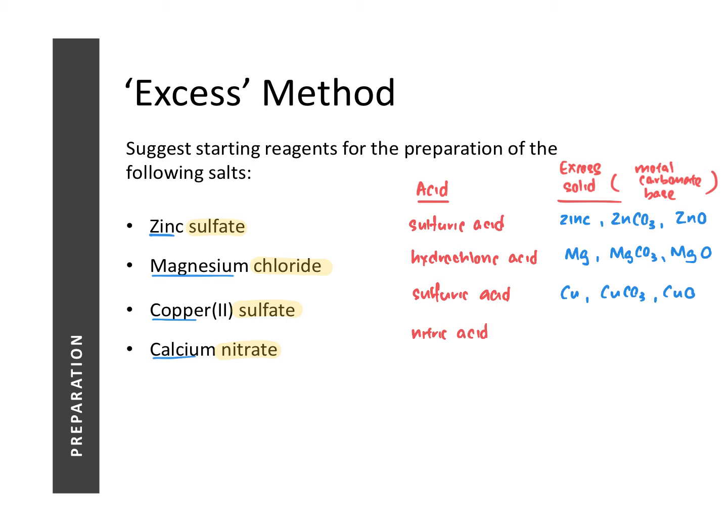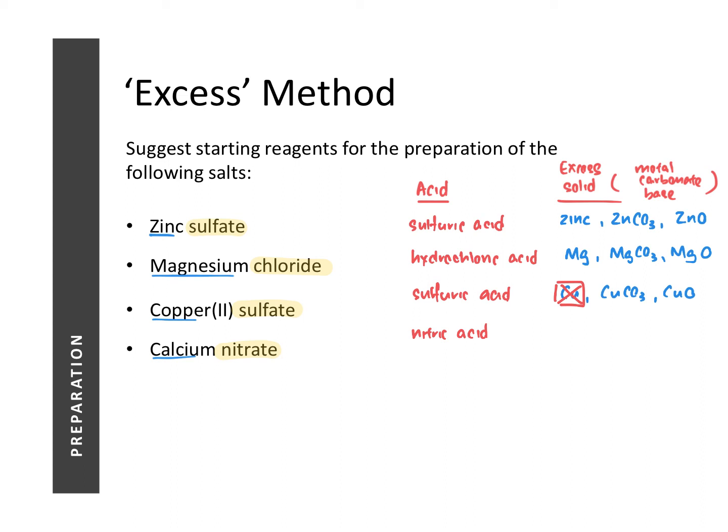In fact, one exception is copper. Copper cannot react with acids. It's too unreactive. So when we mix copper with sulfuric acid, we will not get copper 2 sulfate. There will be no reaction. So we cannot use copper metal, but we can use the carbonate or oxide.